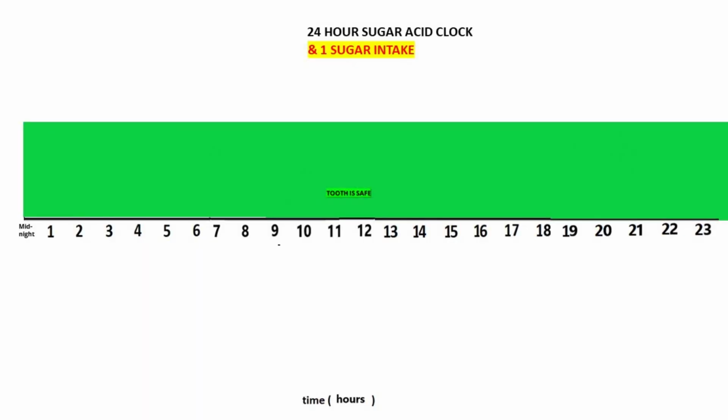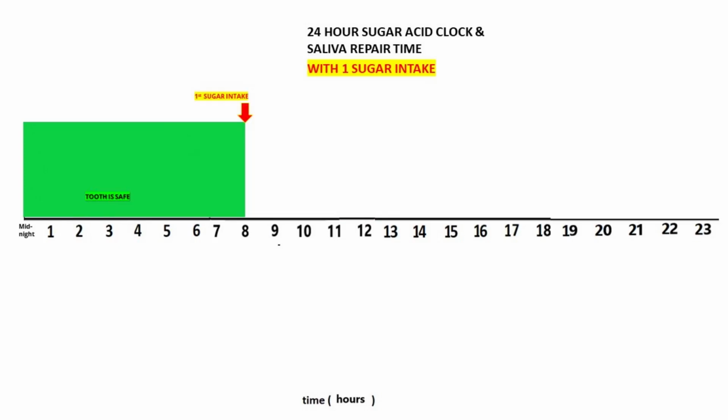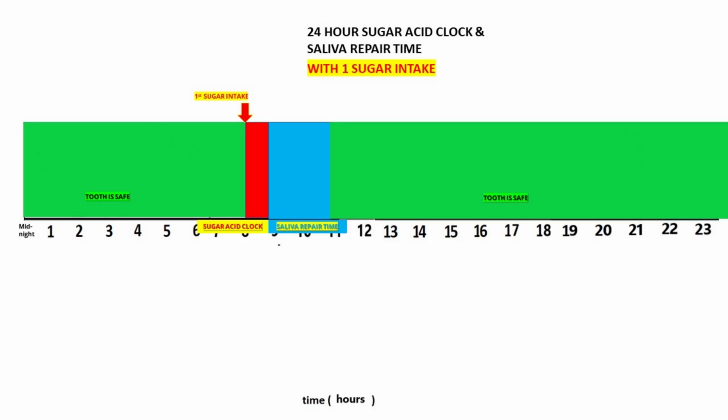So we can show this sugar acid clock over 24 hours, and one sugar intake with the 50-minute sugar acid clock and the saliva repair time of 120 minutes, followed by the tooth being safe again. We will need this information when we look at the food diary.